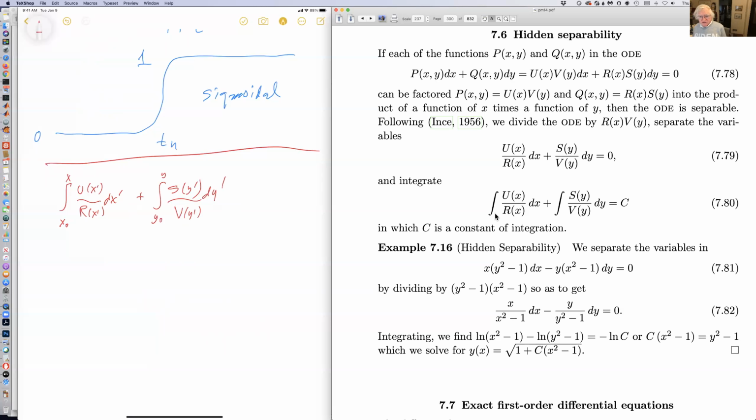Actually, I would say that this in fact is equal to 0. So I'm just wondering whether I was sloppy in 7.80.